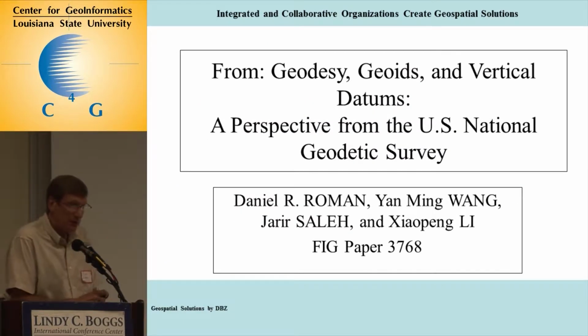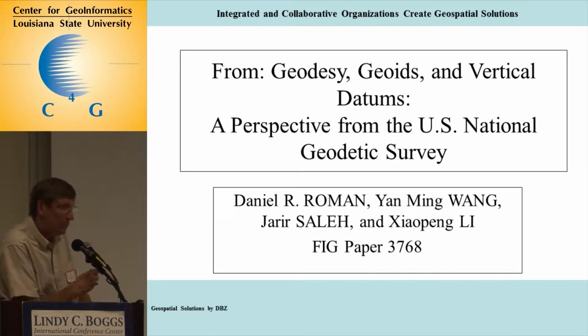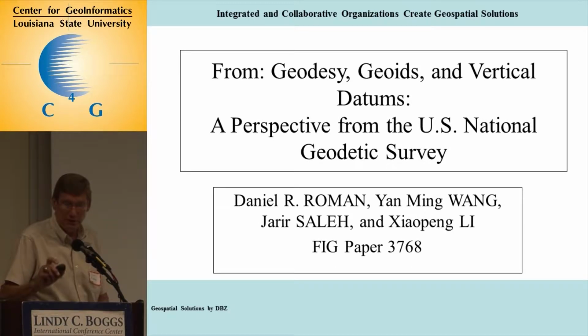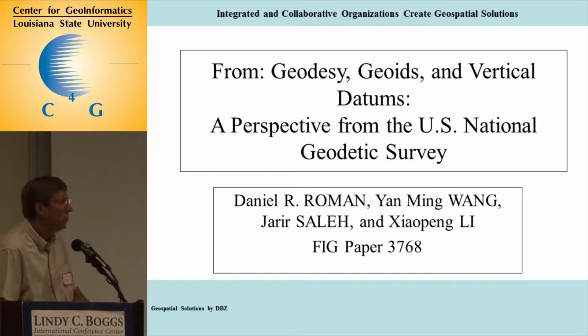Now this is a paper that some people at NGS did for an FIG, International Surveying Conference. Dan Roman sent me a copy of it so that I could use some of the information from it, and Jerry's going to talk a little bit more about it. When you go through ellipsoid heights, you've got to understand geoid heights and what you're looking at.